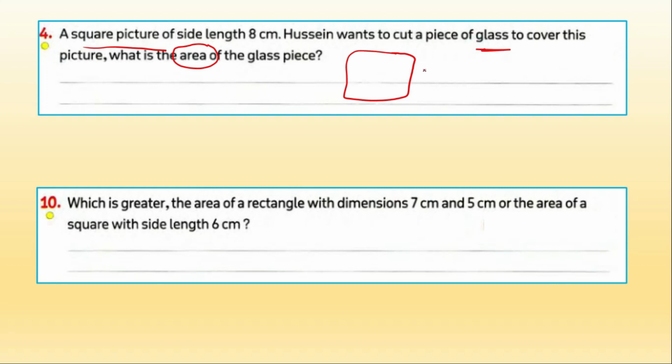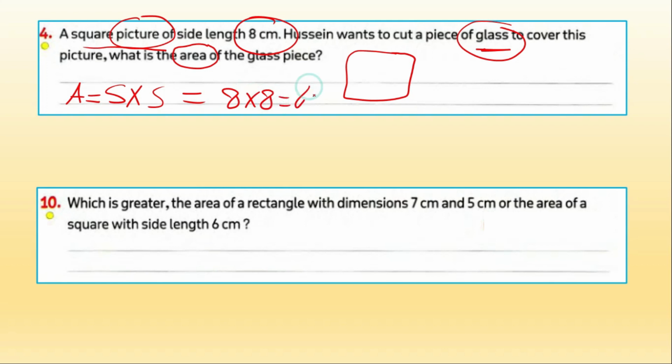So the glass will have the same area as the picture, right? So whether he asks about the area of the glass or the area of the picture, it is the same. We use the same rule: area of a square equals side times the side equals 8 times 8 equals 64, and don't forget to write centimeter squared.